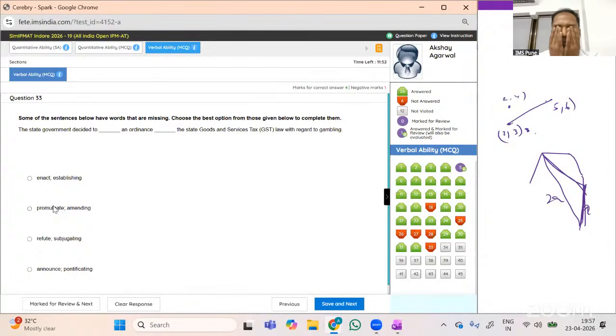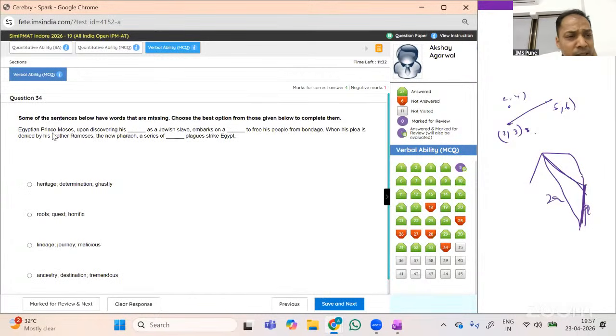Enact an ordinance. I don't know what's the. I think amendment and promulgate an ordinance.